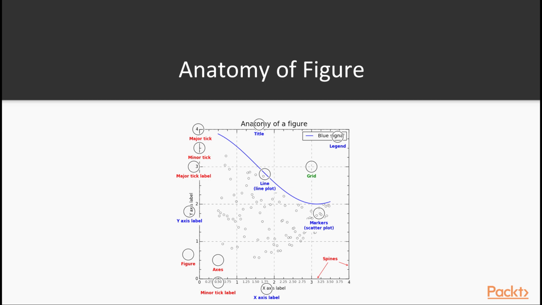This classic Matplotlib plot, called the anatomy of a figure, can be found in the Matplotlib documentation. I've modified it slightly here to show the things that we've gone over already in past videos, labeled here in blue, the things that we're going to talk about in this section, labeled in red, and that final grid that we'll talk a little bit more about in the next series of videos.